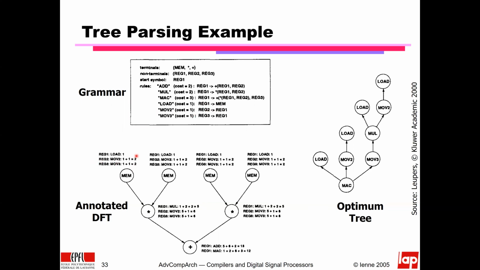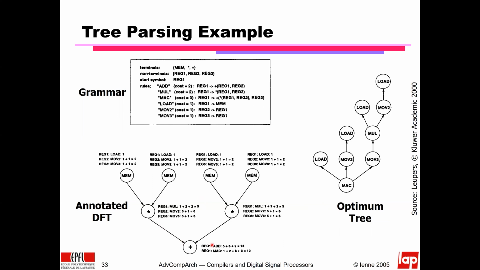So you have these 3 possibilities here, these 3 possibilities here, and then you go down and you see how you can combine these possibilities, applying all the rules that you have to produce the result in the 3 possible locations.